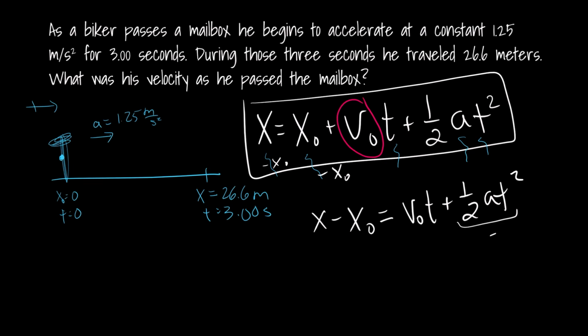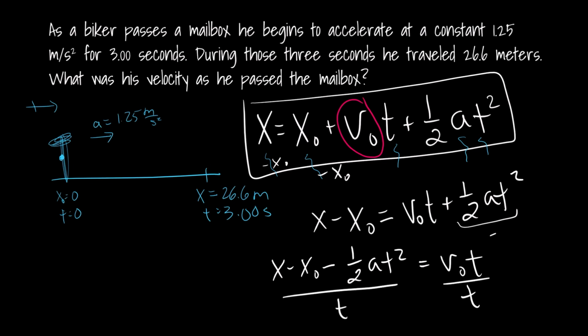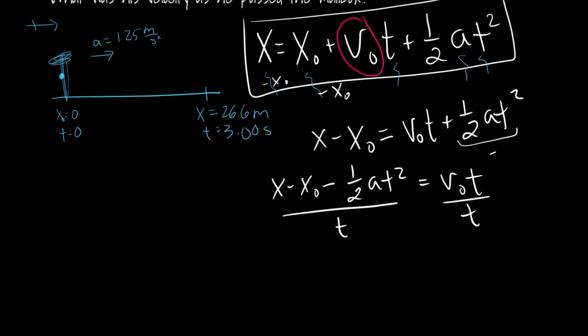So we get x minus x naught minus 1/2 a t squared equals v naught times t. Then we're going to divide both sides by t. Now we have an equation that gives us what v naught equals. I'm going to be a little lazy here and not rewrite that over there.